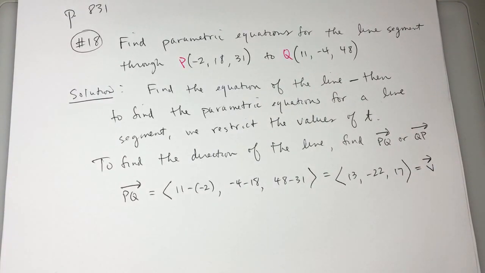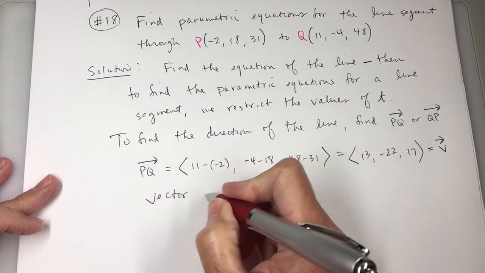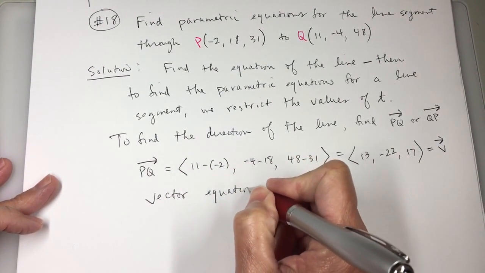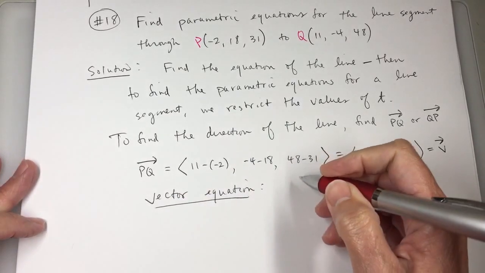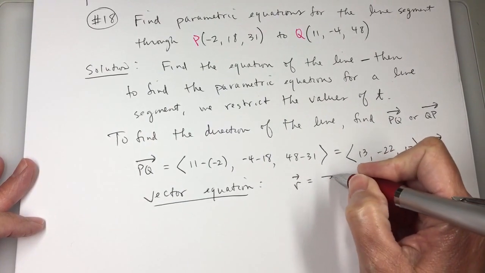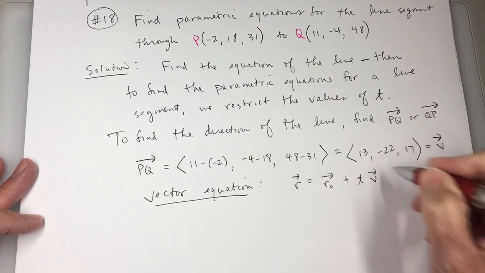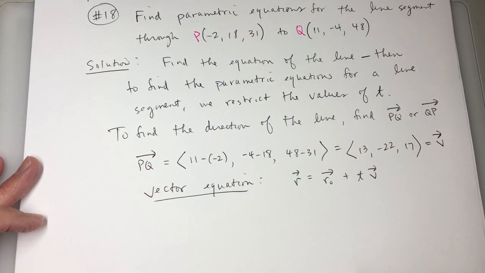That is what is referred to in the formula as vector v. They said give the parametric equations, but I'll give the vector equation first, and then the parametric equations. Here's the formula: vector r equals vector r sub 0 plus t times vector v. And vector r is your x, y, z.